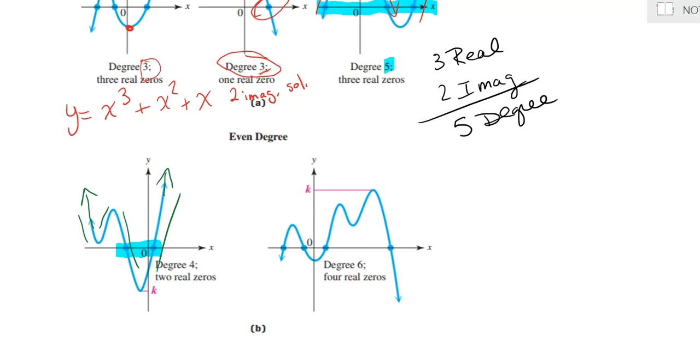So if the degree is 4 and it has 2 real solutions, it will have 2 imaginary. This one tells us is a degree of 6. 1, 2, 3, 4, 5, 6, if you followed the little dot. But it hits 4 times. So 4 real zeros or solutions and 2 imaginary solutions.